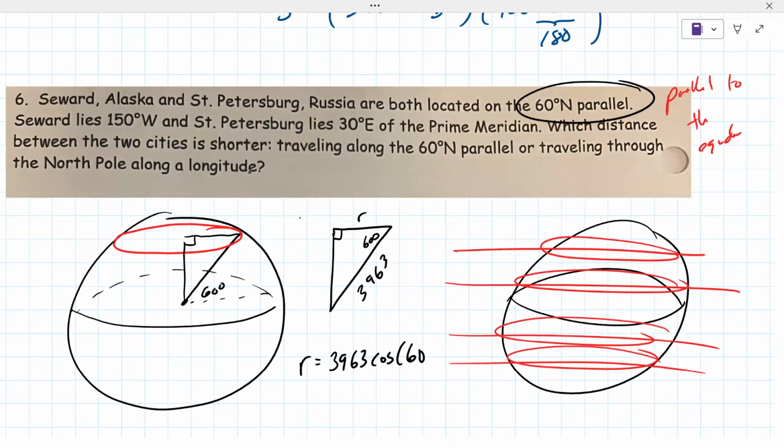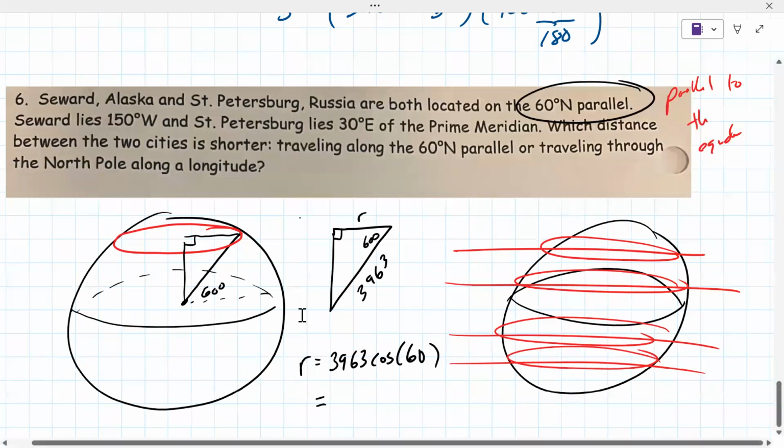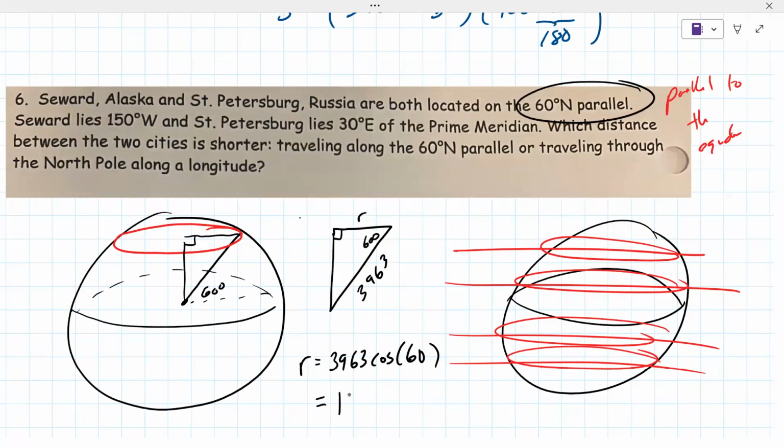Why don't you calculate that for us? Make sure your calculator's in degrees. Just round to the nearest ones place. We don't need it to be any more than that. 1981.5. Let's go 1982.